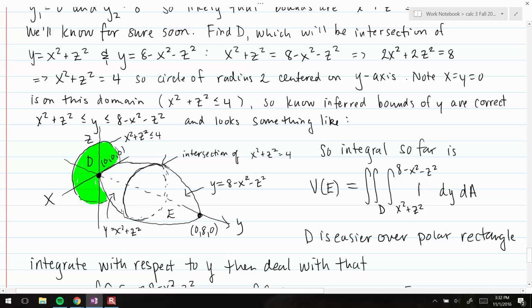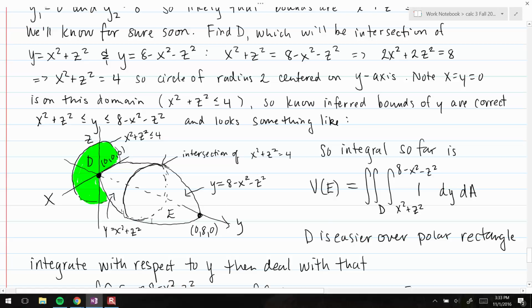We're just integrating 1, or if you want to leave it blank, that means the same thing. The intersection of these two paraboloids is pretty important. This is going to happen when the two paraboloids are equal. It's important because this is the widest part of these intersecting surfaces defining our solid, and on the xz plane, eventually with our integral, we're going to have to define that domain in that plane.